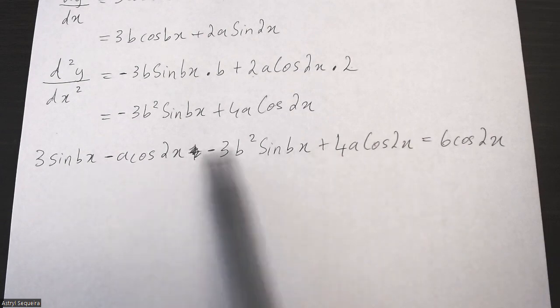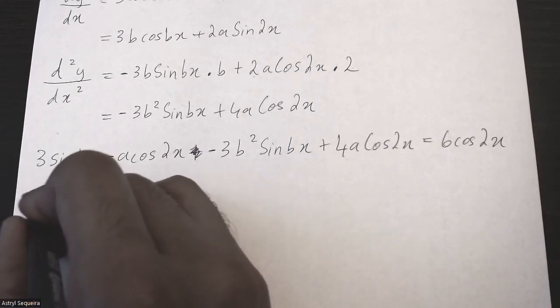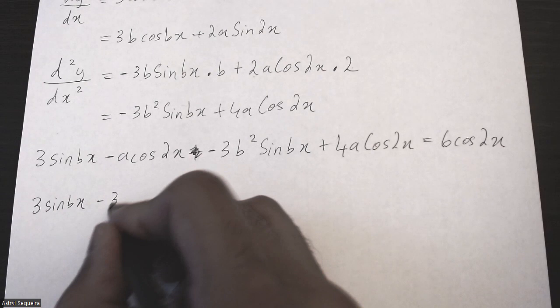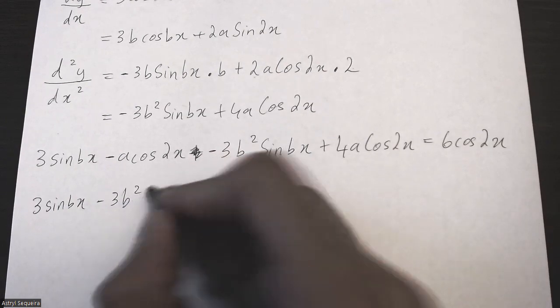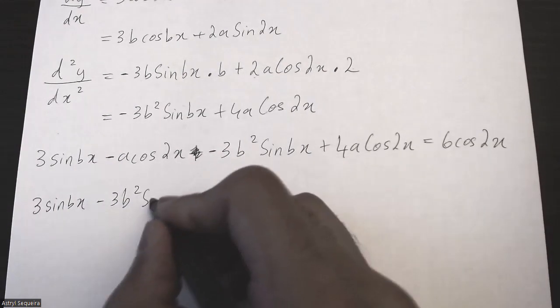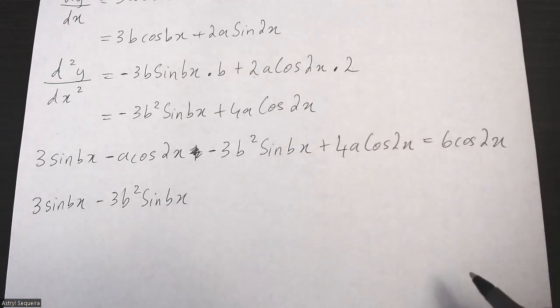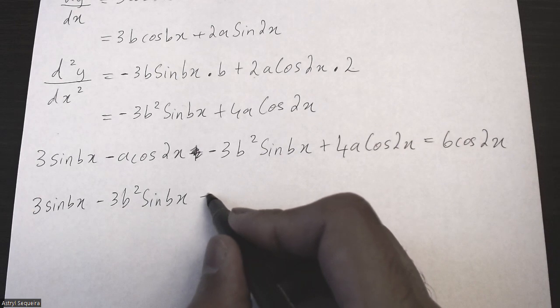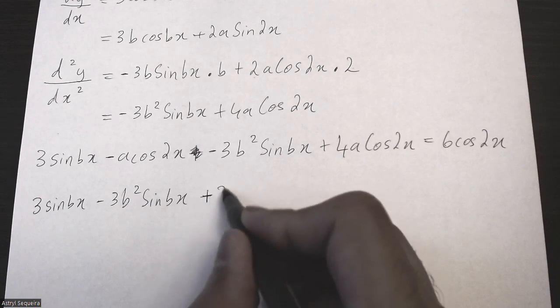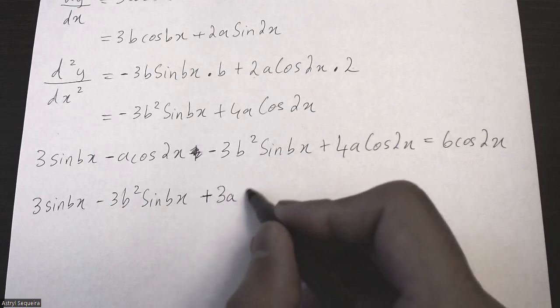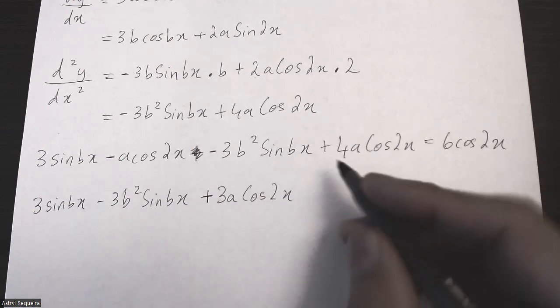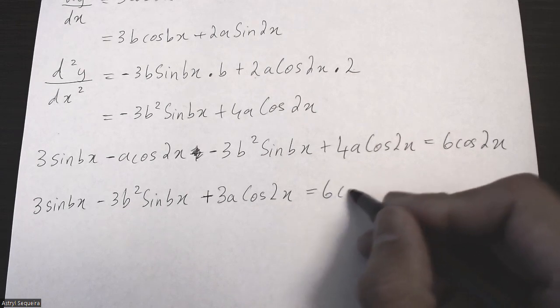That's the first thing I'm going to do. 3 sine bx minus 3b squared sine bx plus 3a cos 2x, because 4a minus a is just 3a. This equals 6 cos 2x.